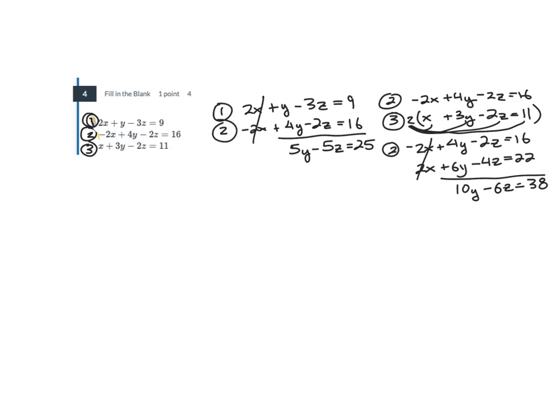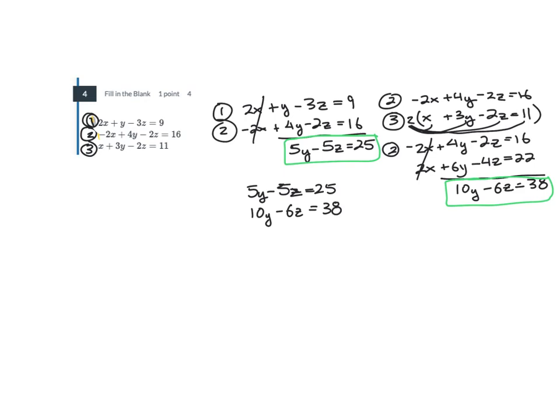Okay, so now I have 2 equations that are in terms of y and z, and I'm going to use these 2 equations to solve for one of my variables. So 5y minus 5z is equal to 25, and 10y minus 6z is equal to 38.